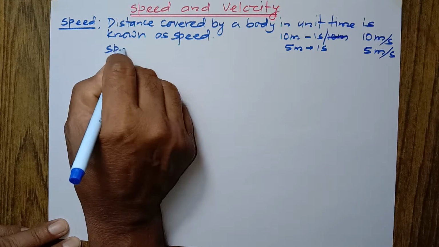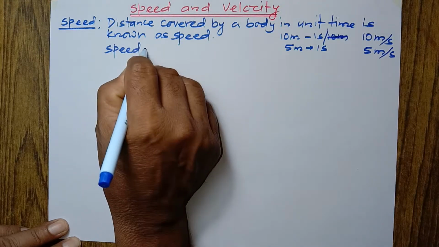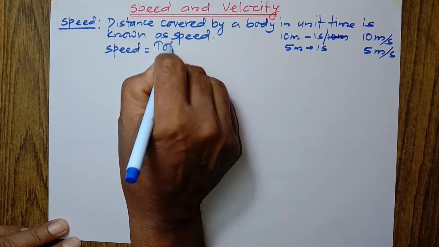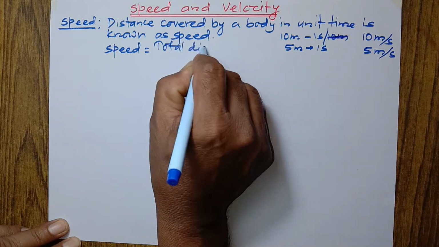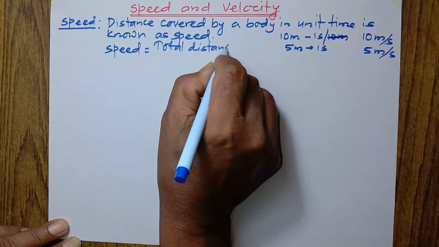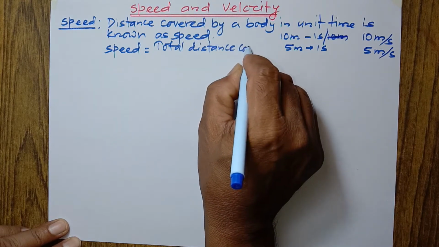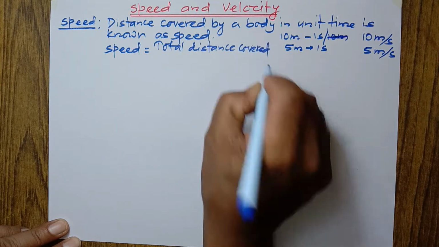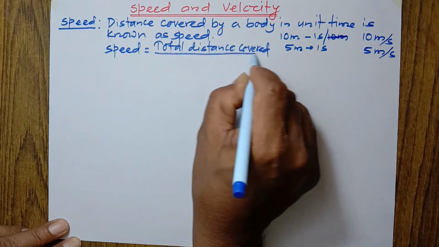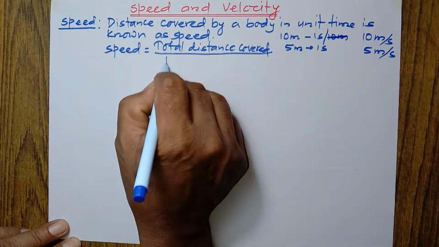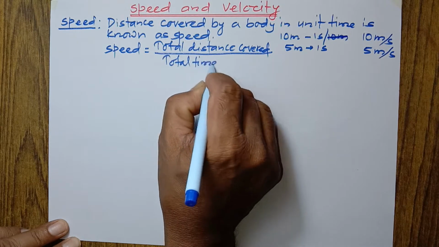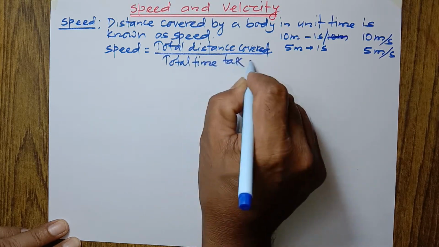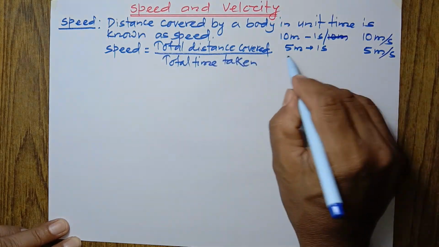Speed is equal to total distance covered by total time taken. We can take an example for this also.